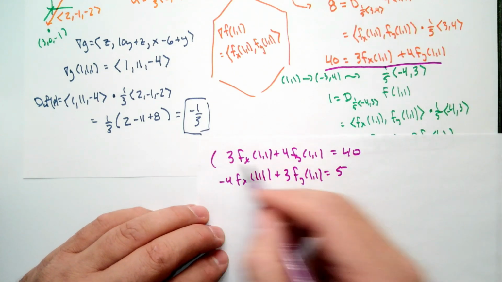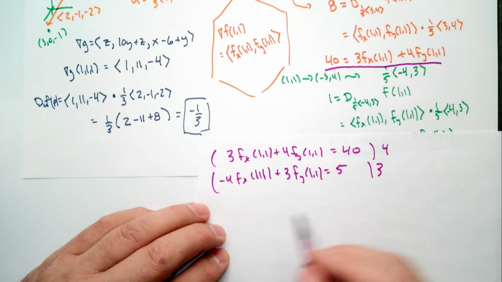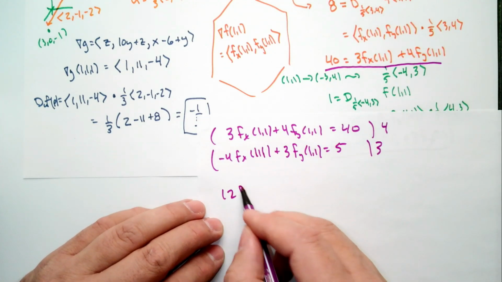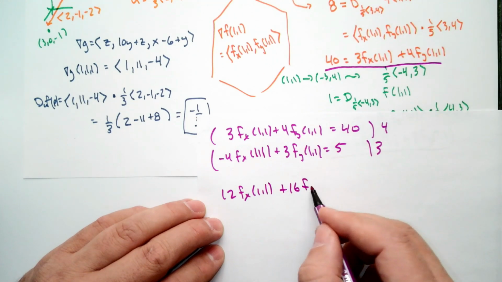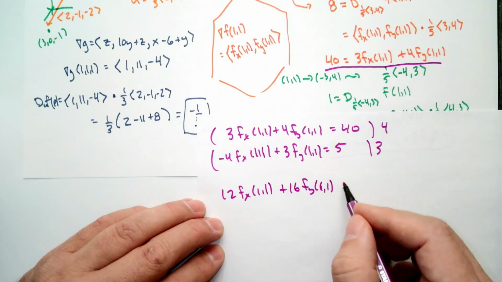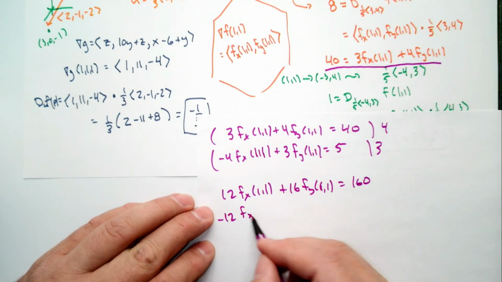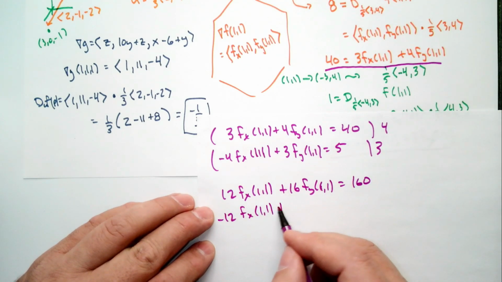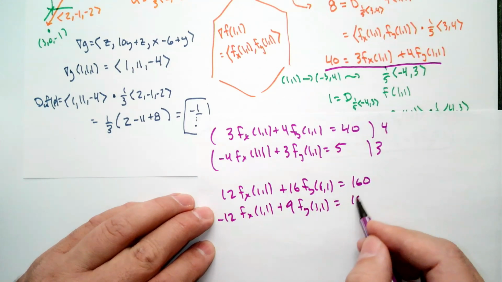Just multiply things together. If you multiply the first by 4 and the second by 3, you'll get 12 fx at (1, 1) plus 16 fy at (1, 1) equals 160, and -12 fx at (1, 1) plus 9 fy at (1, 1) is equal to 15.